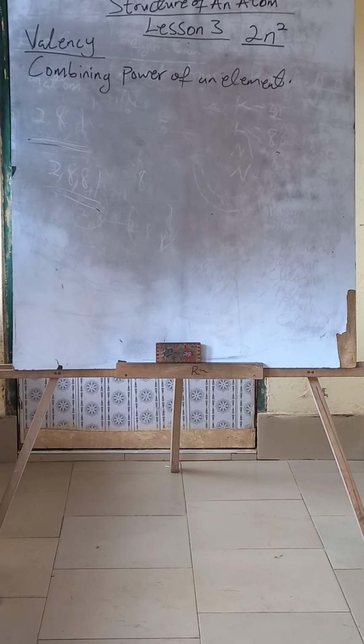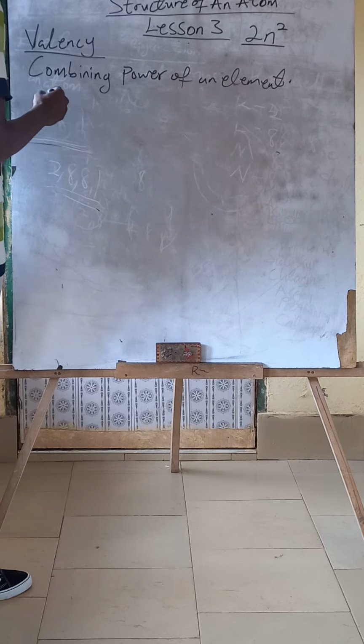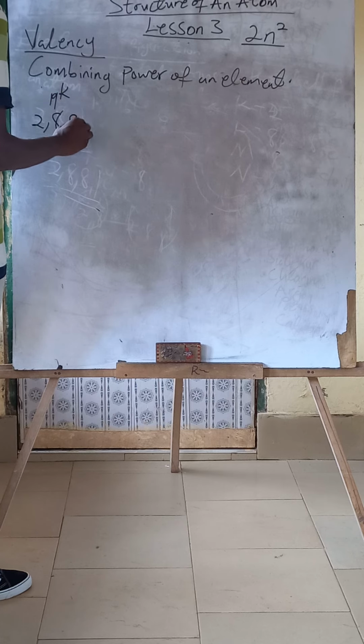Valency is simply the combining power of an element. So how do you determine the valency of an element? Whenever you write the electronic configuration for any element, let's say potassium, the electronic configuration for potassium is 2, 8, 8, 1.